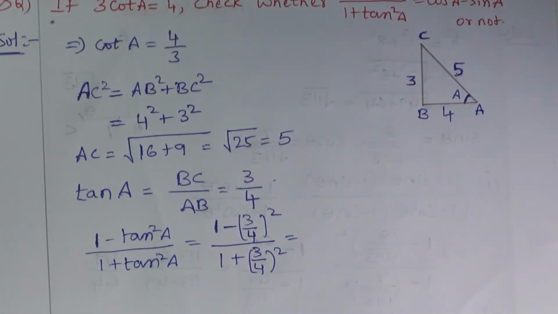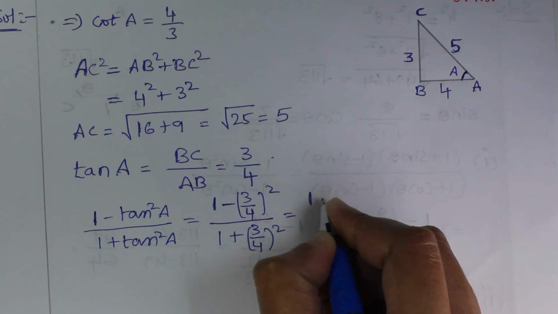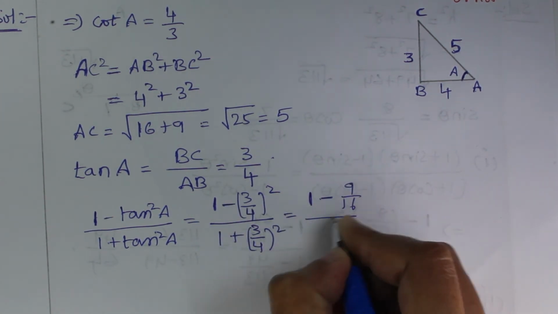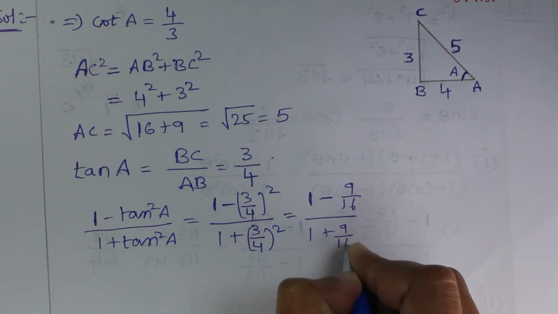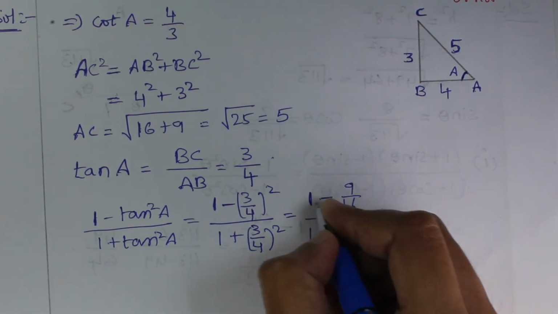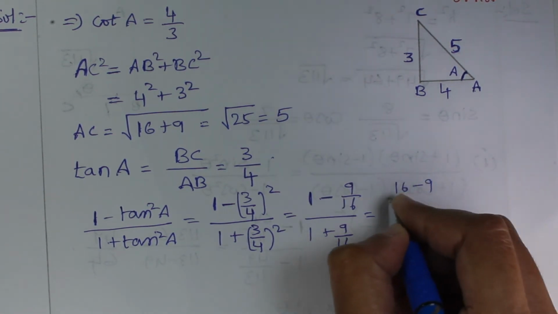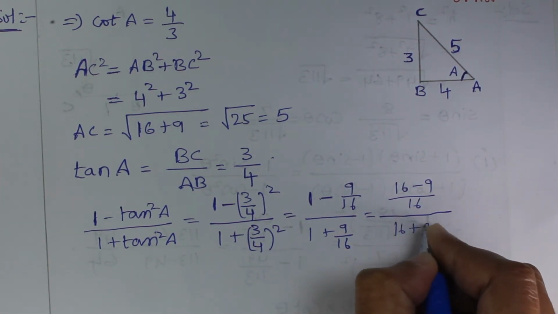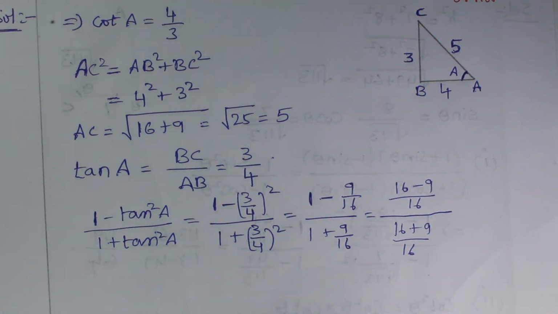That is 1 minus 9 by 16 divided by 1 plus 9 by 16, which is 16 minus 9 by 16 divided by 16 plus 9 by 16.